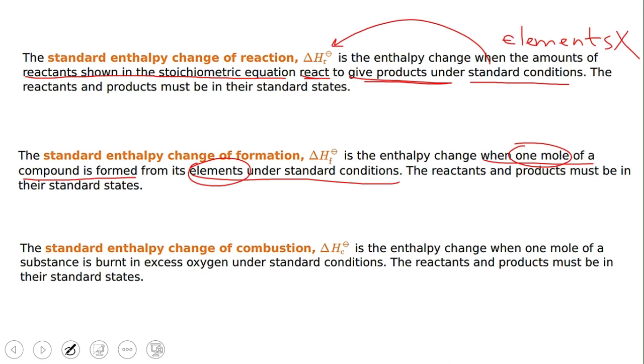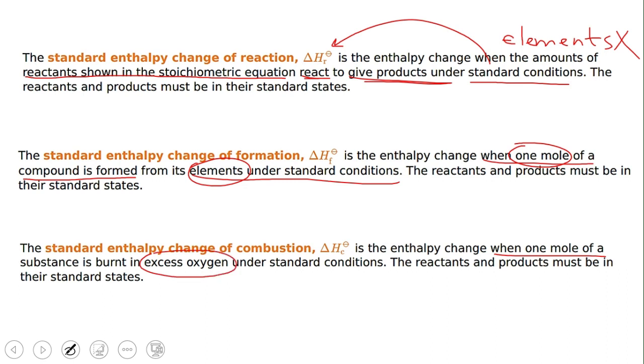So we are going to see these reactions and we can easily identify them after these definitions. Then the last one is enthalpy change of combustion. Enthalpy change of combustion is when one mole of a substance is burnt. We are going to burn one mole of any substance with excess oxygen. Oxygen can be any number of moles.